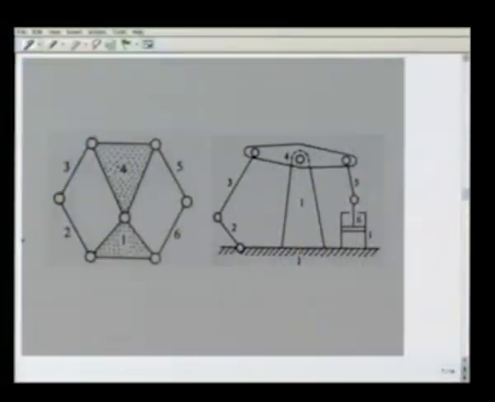As an example of another type of possible Watt's mechanism, let us consider this figure. Here, as we see, we started from a Watt's chain which has two ternary links 1 and 4 and 4 binary links 2, 3, 5 and 6. Now here this is the ternary link 1 which is held fixed, and this is known as Watt's walking beam engine.